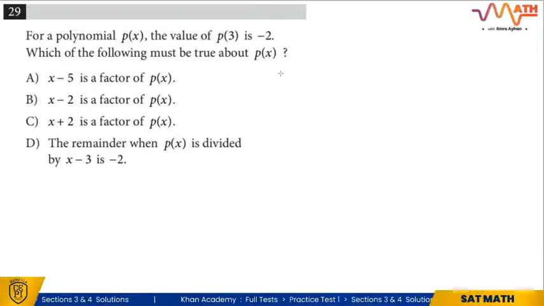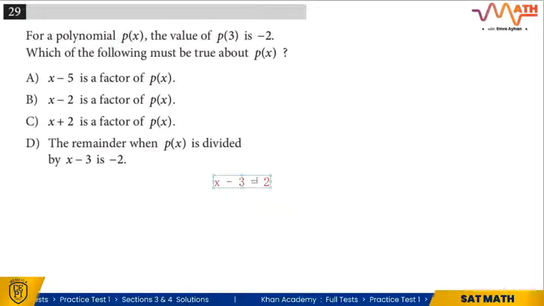meaning x plus 2 is also another factor, but since x is 3 here, that means we have something like this. When we divide p of x by x minus 3, the result must be... When we substitute 3 for x, it gives us -2, right?